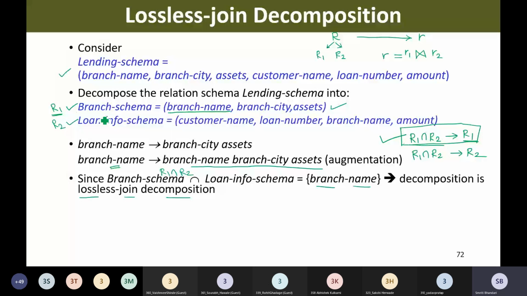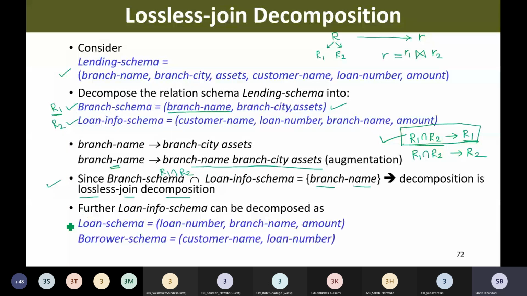Okay, now further, this relation loan info schema can be decomposed into two relations, loan schema and borrower schema. And once again, you may find that this decomposition is also lossless join decomposition.